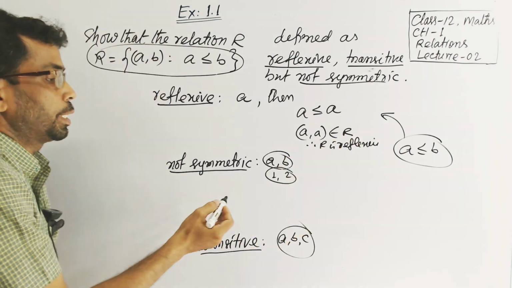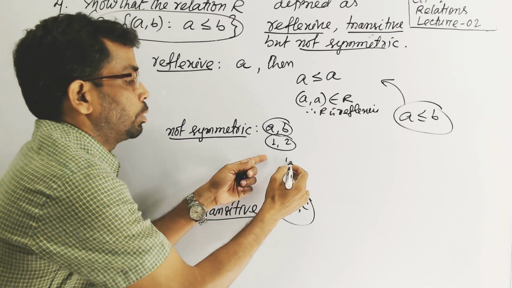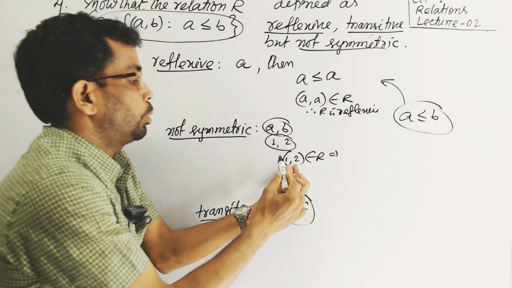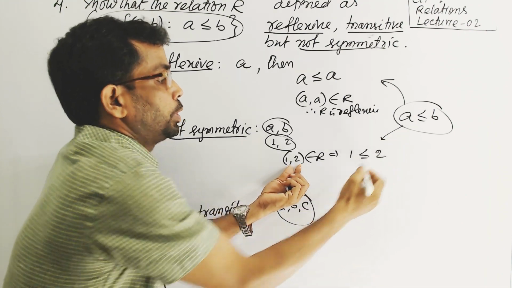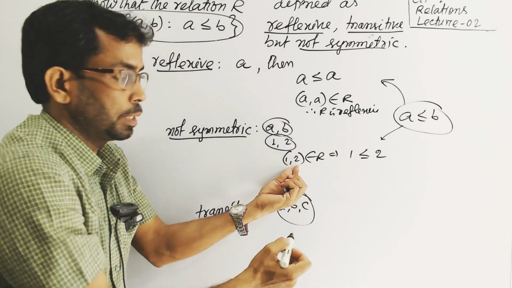Not symmetric, I can explain with an example. I have taken here (1, 2), and the pair is in the relation because 1 and 2 satisfy this condition. That means 1 less than or equal to 2 is true. Here equal to is not satisfied, but less is satisfied.